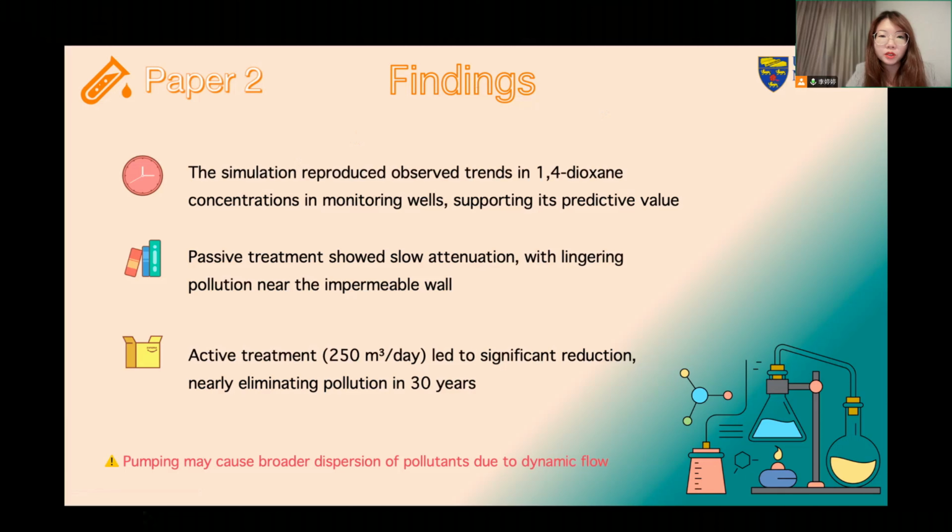Passive treatment shows slow regeneration with lagging pollution near the impermeable wall. The most important is that active treatment led to significant reduction, nearly eliminating pollution in 13 years. Attention: pumping may cause a broader dispersion of pollutants due to dynamic flow.